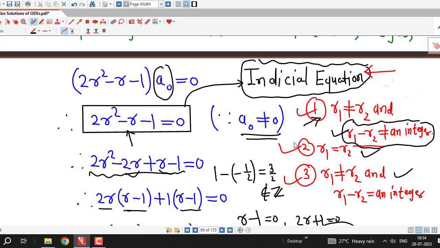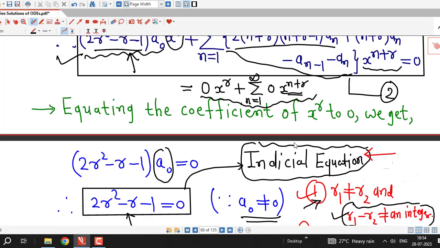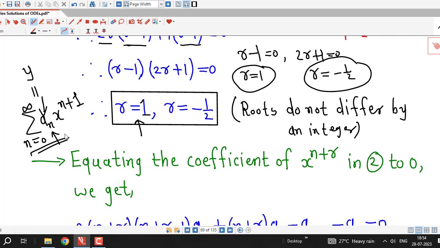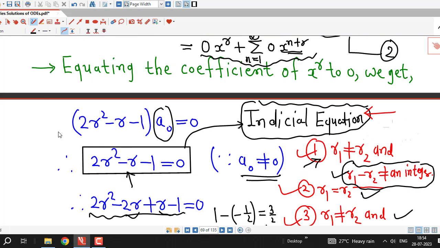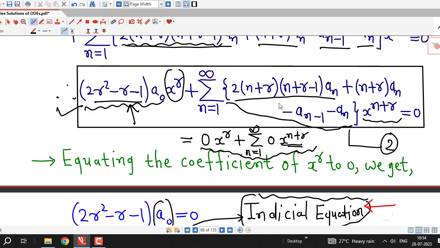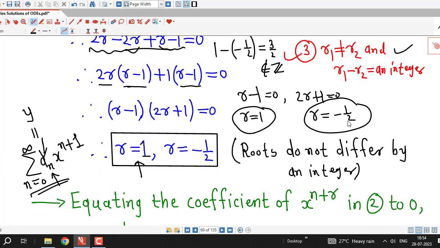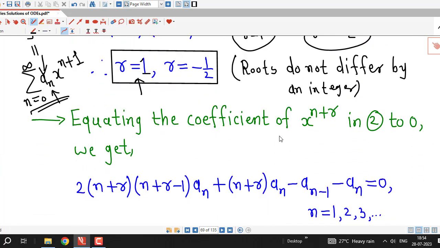So now in the next step, our role is to determine the constants a n. So for that we compare coefficients of x raised to n plus r. That means I have to equate this quantity to 0. So that I have done in the next step.